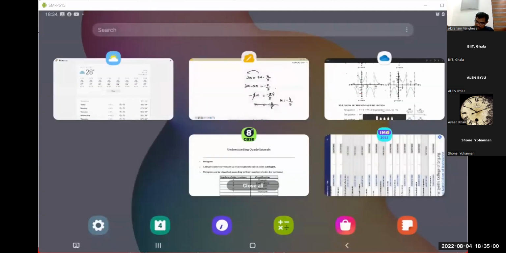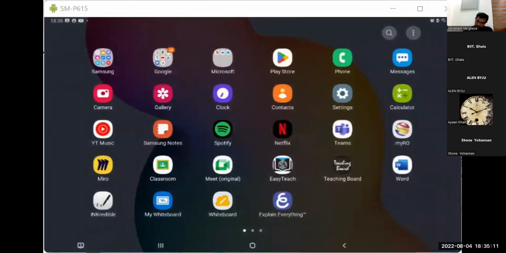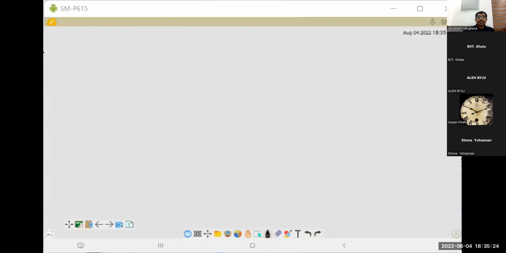So I will use the whiteboard. Okay, you can write what is the domain and range of all trigonometric functions. I think you can see the board clearly, no?